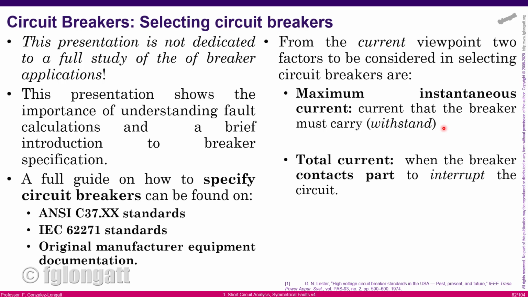And during the first half cycle, you will have a very big current. That is what we call the maximum instantaneous current. The device, the circuit breaker, all the components must be able to allow this current passing through. It must be able to withstand that current.